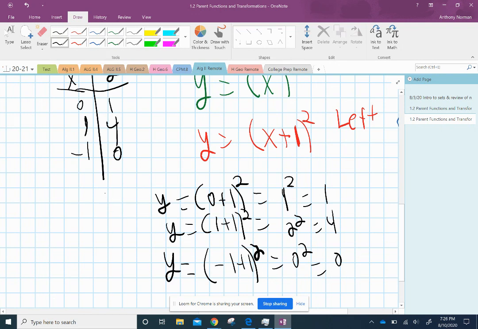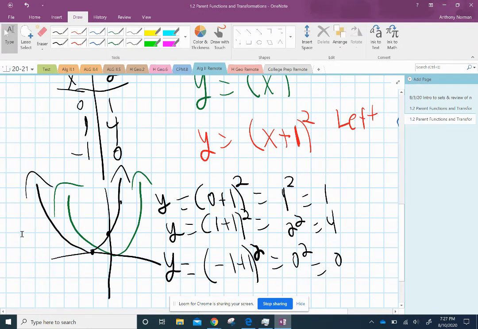So if we put this on our graph, parent function in green, X equals 0, y equals 1. X equals 1, y equals 4. 1, 2, 3, 4. X equals negative 1, y equals 0. And look at that. We did a plus 1, and we are shifted to the left.